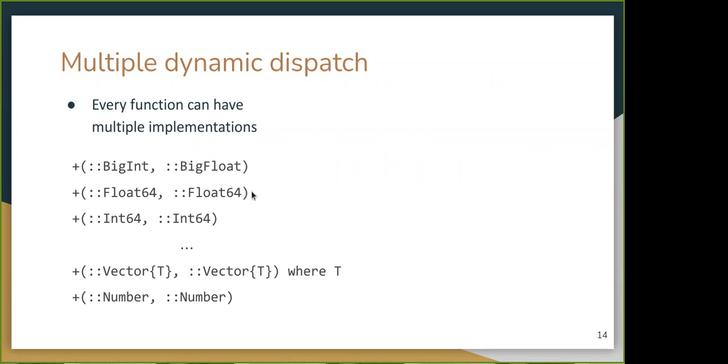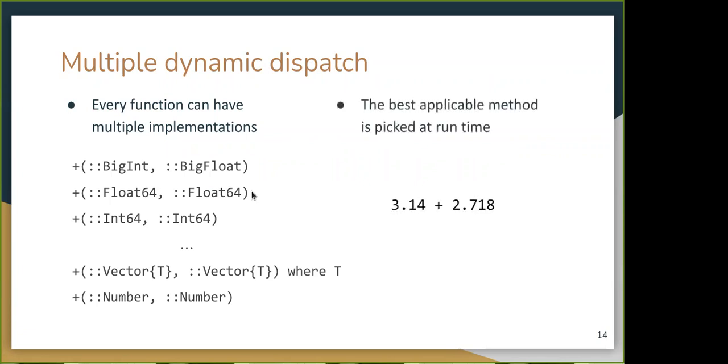And what happens when we call a function is we look at the types of the arguments, and we look at all the available implementations, and we pick the ones that have the best matching types to the actual types of arguments. So at runtime, when we call a function with floating point numbers, we will find that there may be multiple definitions that in principle can handle this call. For example, number is something that is sort of larger than a float.